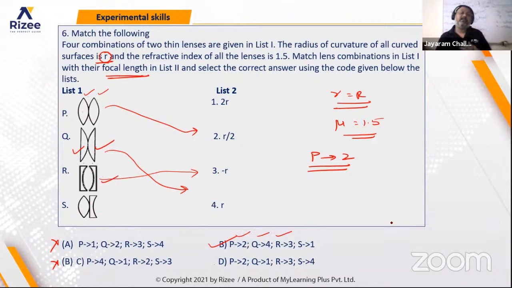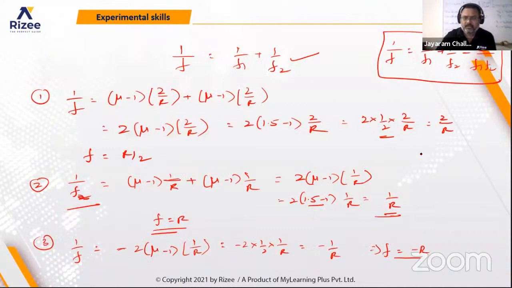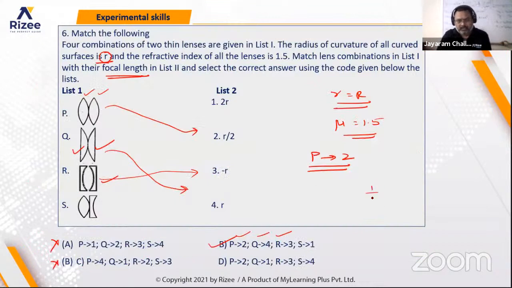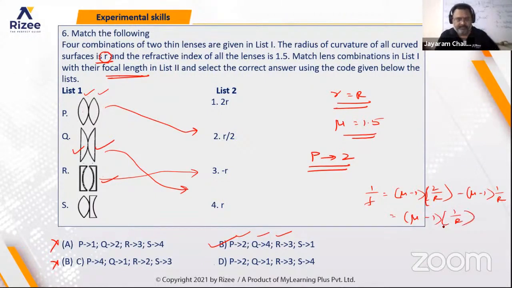And yes, S is nothing but a combination of the double convex and a plano concave. There are two lenses here, so I go for it here only. 1/f = (mu - 1)(2/r) for the double convex, minus (mu - 1)(1/r). So if I calculate this, it will be simply (mu - 1) into 1/r. The mu value is 1.5, so 1.5 minus 1 is 0.5.